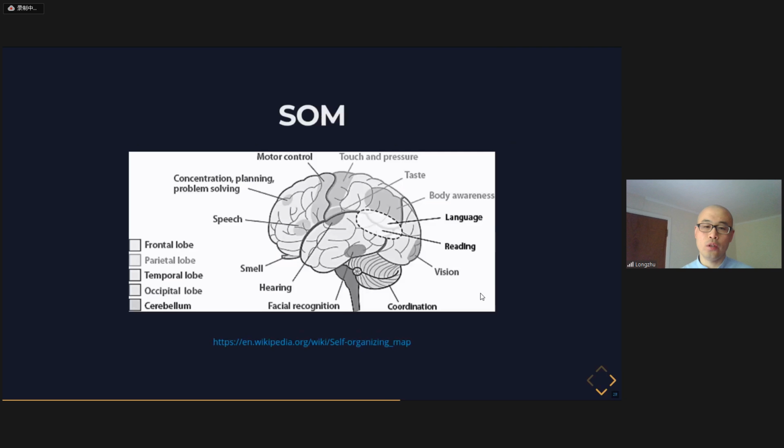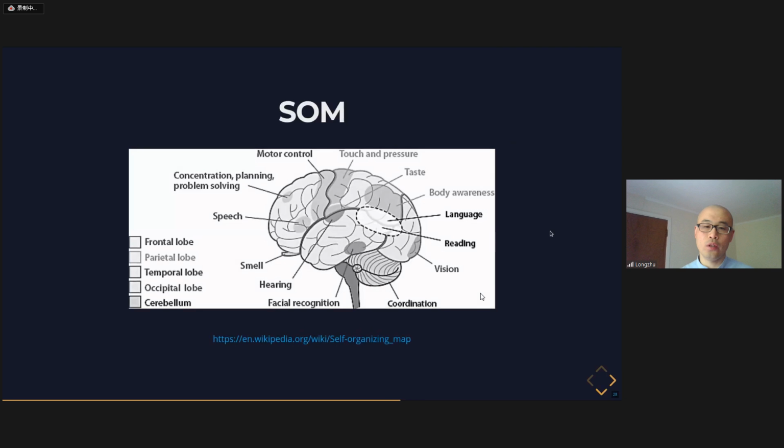One more example, maybe this one is not so obvious or popular to many people. It's called a self-organized map. The idea here is basically to use the analogy of the human brain and how our brain functions in the recognition process, and transfer that into pattern recognition and feature extraction.